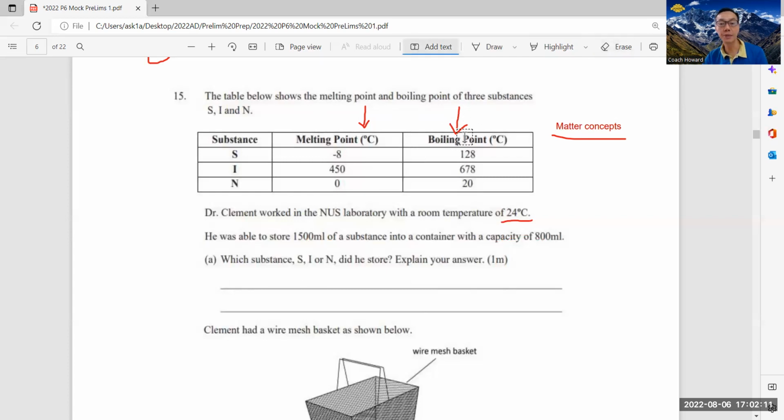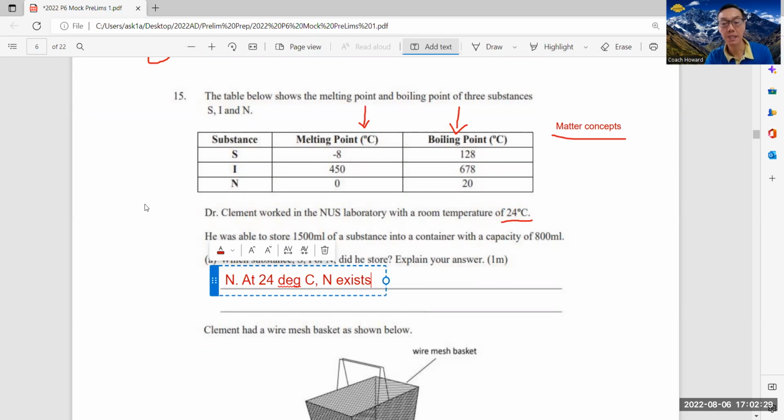You have a look at the melting point. So you notice only N exists as a gas because N boils at 20. So it is N. So you should say at 24 degrees Celsius, N exists as a gas. Gas has no definite volume.